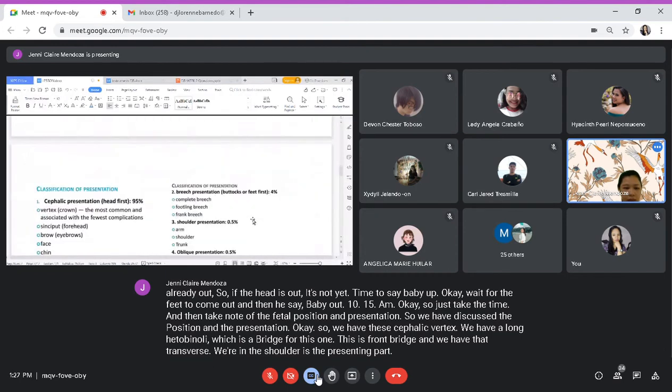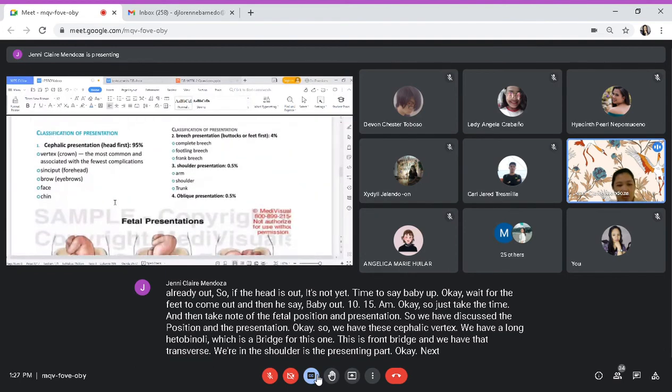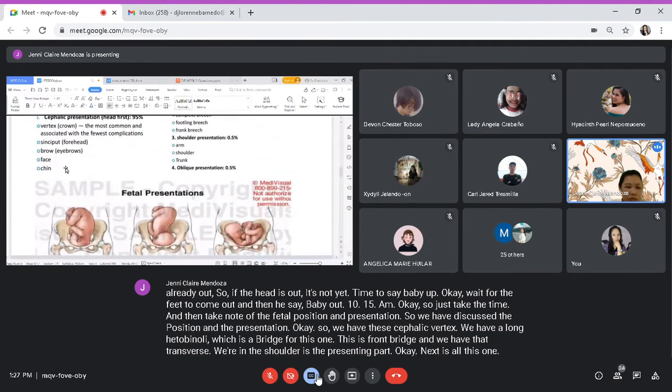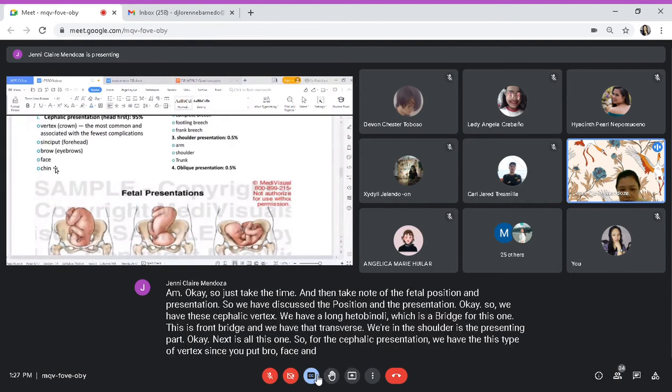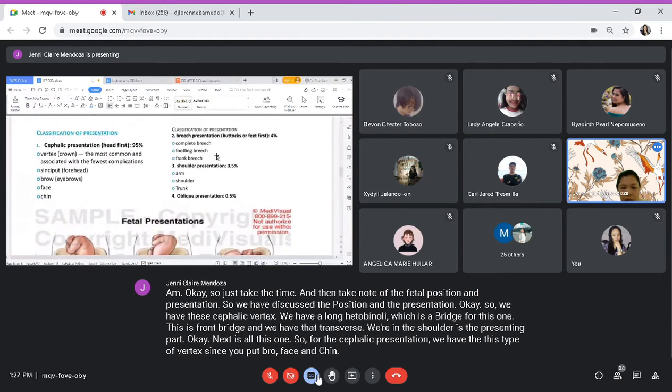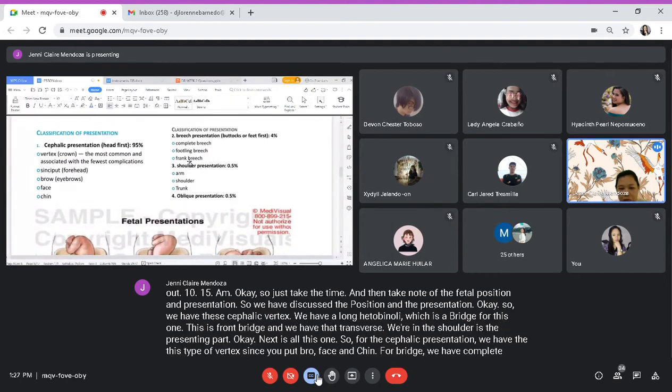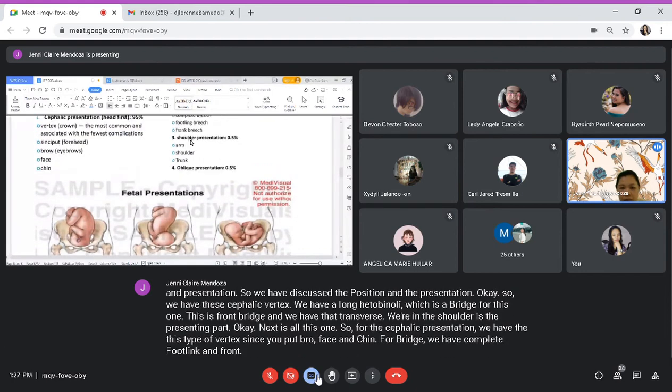Next is this one. For the cephalic presentation, we have these types: vertex, sinciput, brow, face, and chin. For breech, we have complete, footling, and frank. And then for the shoulder, we have the arm, the shoulder, or the trunk.